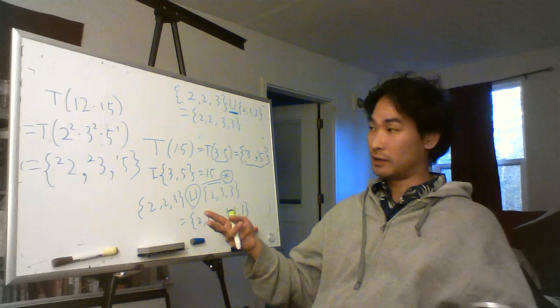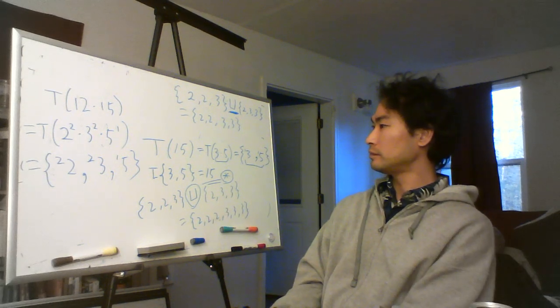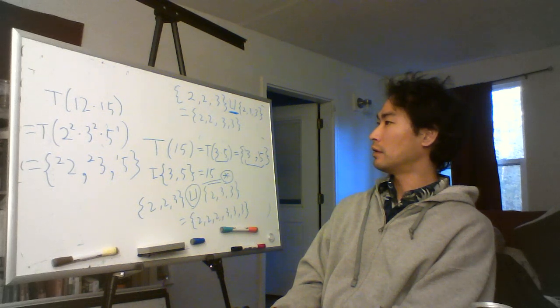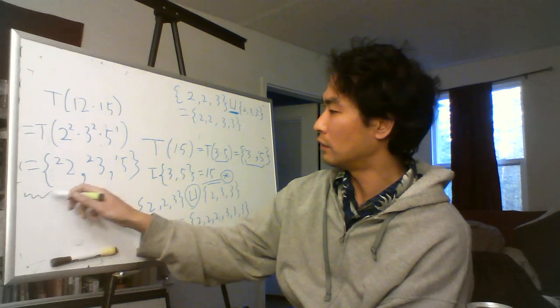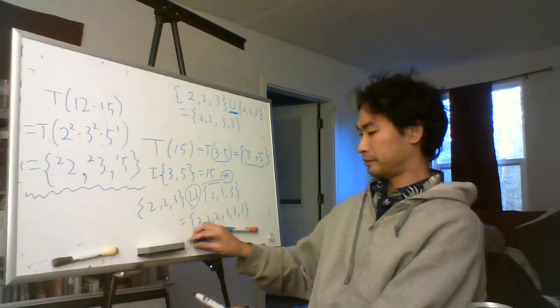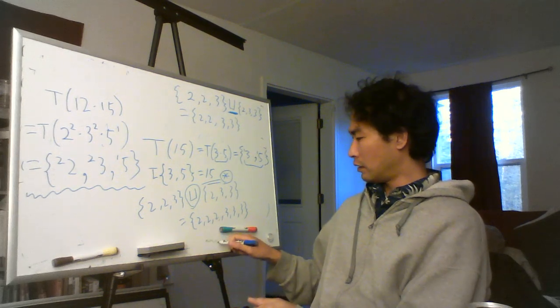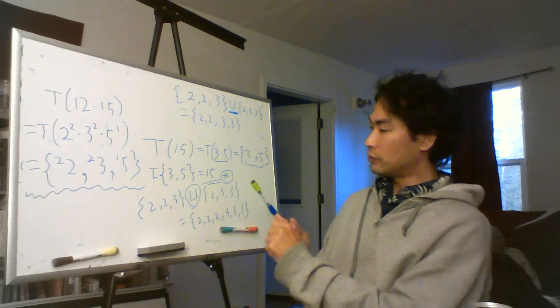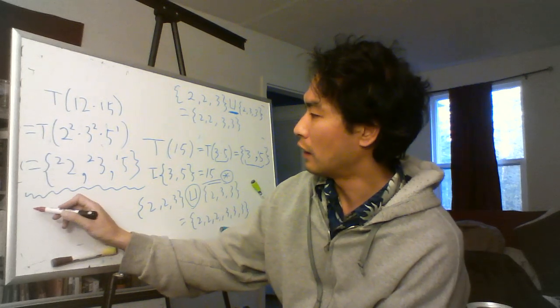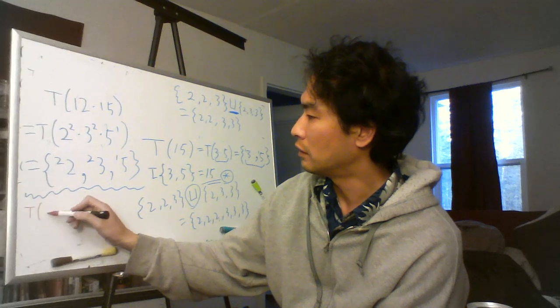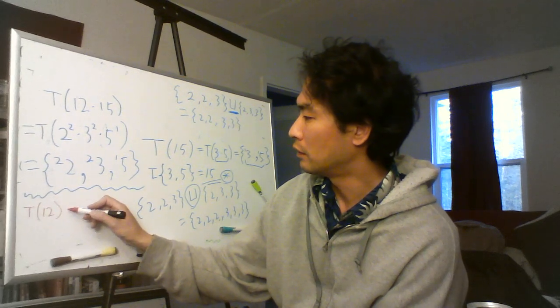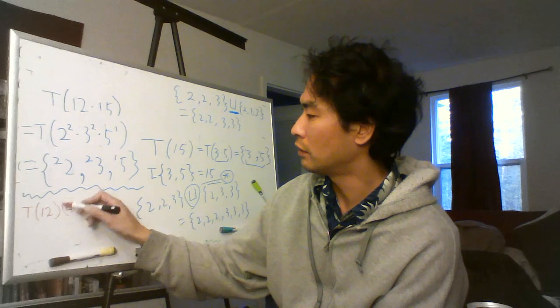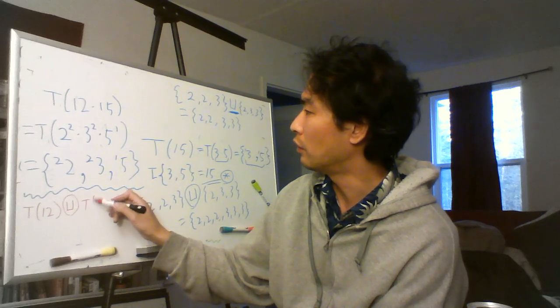Very transformative, all right? And then let's think about, yeah, this green is just too light. Let's use red. So let's think about T of 12 strict union T of 15.